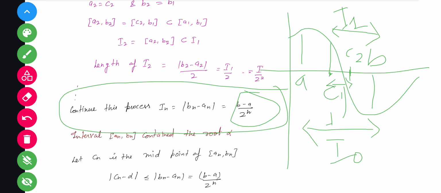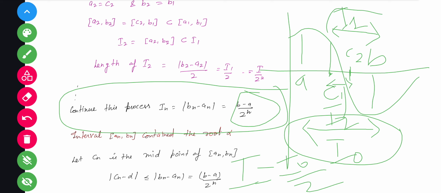You can see that I1 is actually I0 by 2, half of the first interval. This interval is just double of this interval, that means I1 is half of I0.